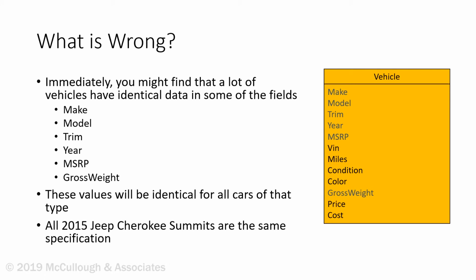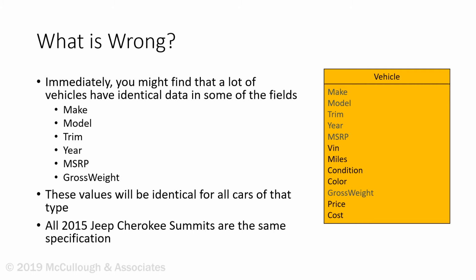So the ones that I've dimmed out here, those are fields that describe a classification of vehicle, not individual used cars. In other words, all 2015 Jeep Cherokee Summits would be the same make, model, trim, year, MSRP, and gross weight. The VIN number, miles, condition, color, and cost all relate to a specific used vehicle.